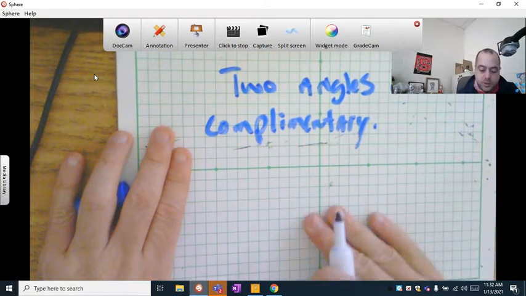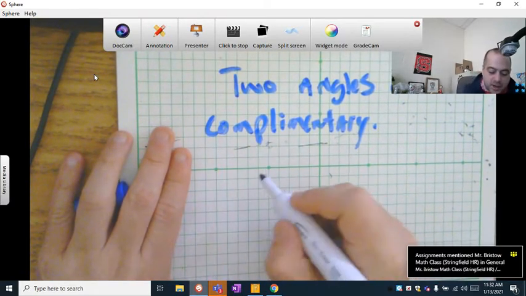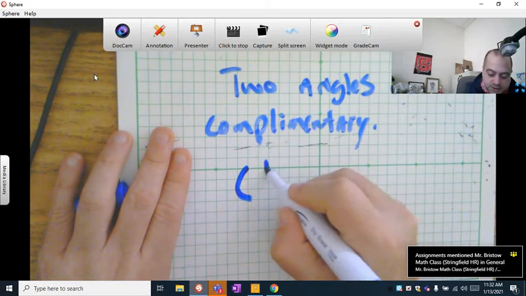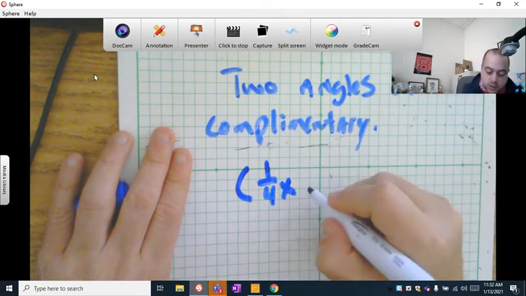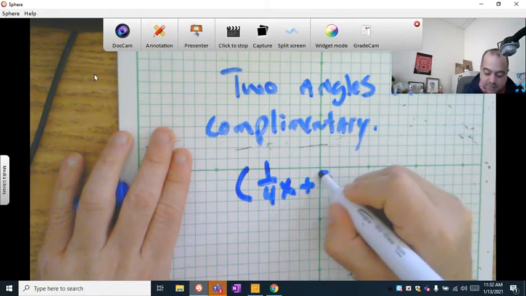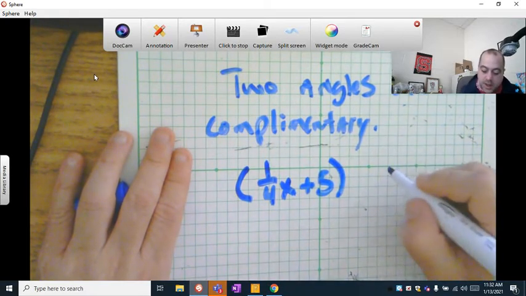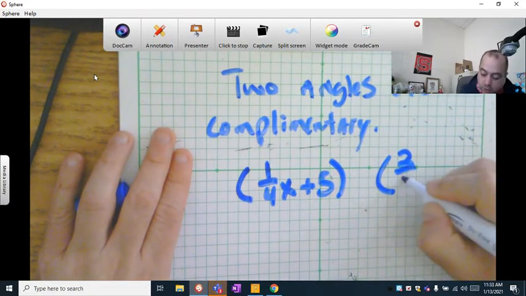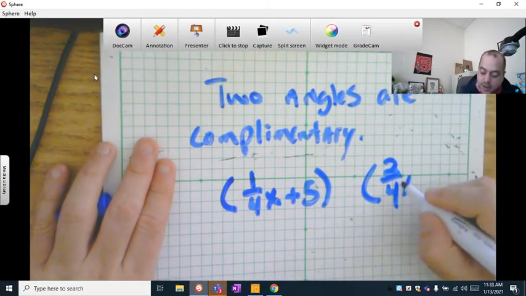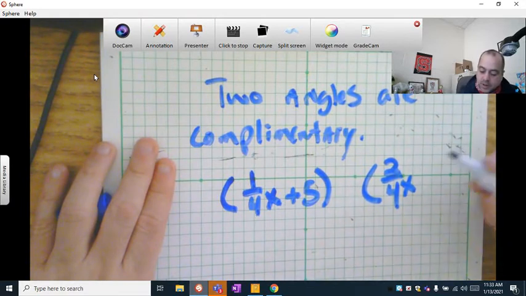One more complementary problem, and we'll do one with fractions. Okay? So let's say that the first angle is 1/4 x plus 5. And the second angle they give you is 2/4 x. Let's say plus 5 again. Why not?